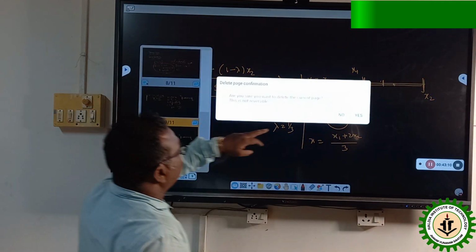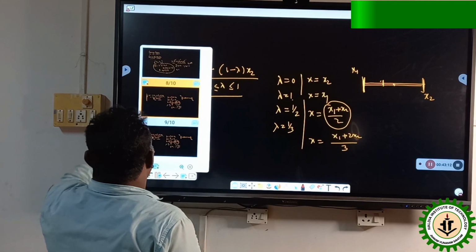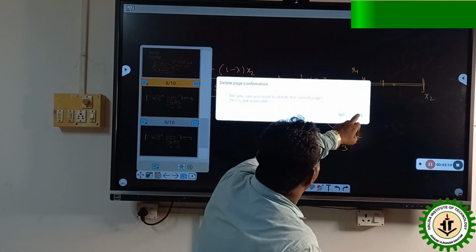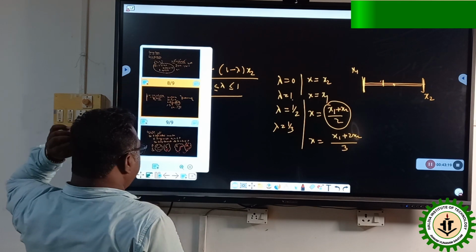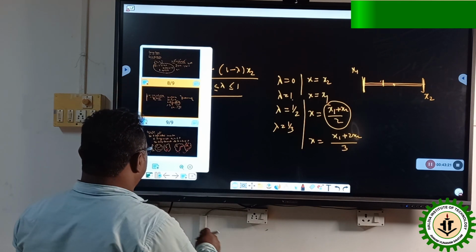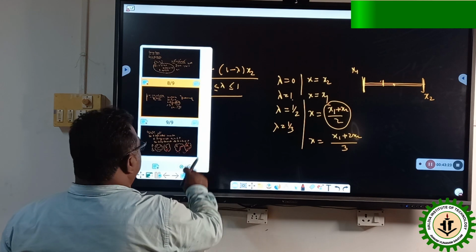These 2 slides are the same. Okay, now it is okay.